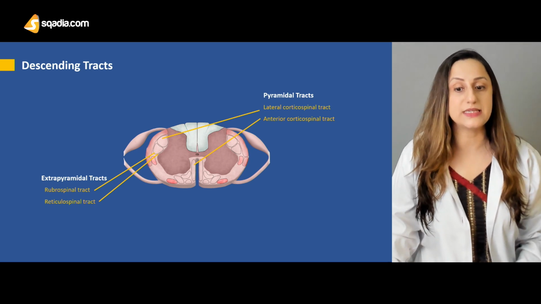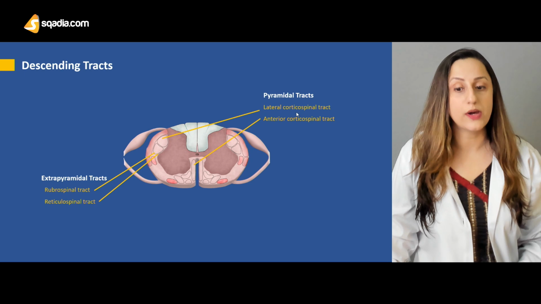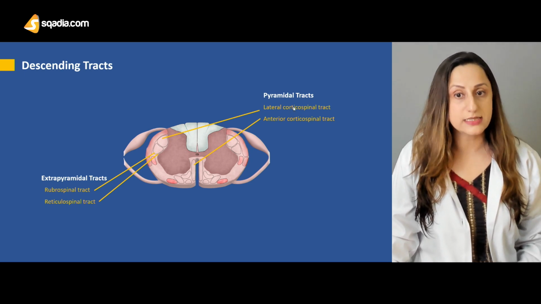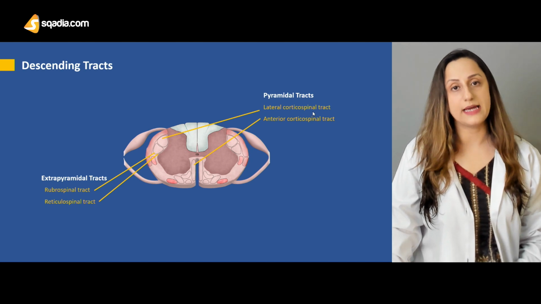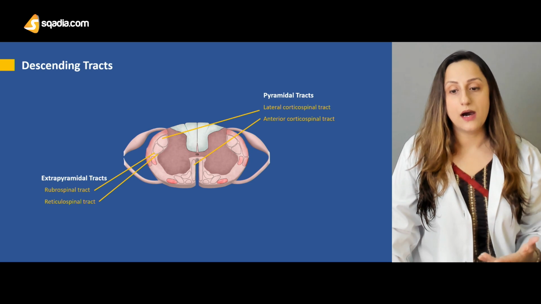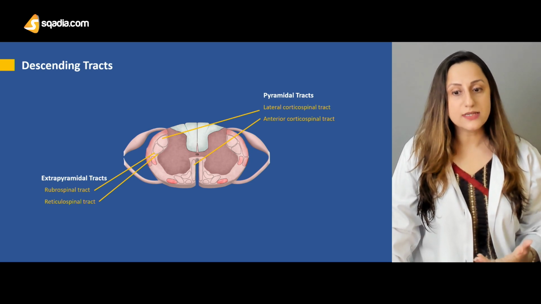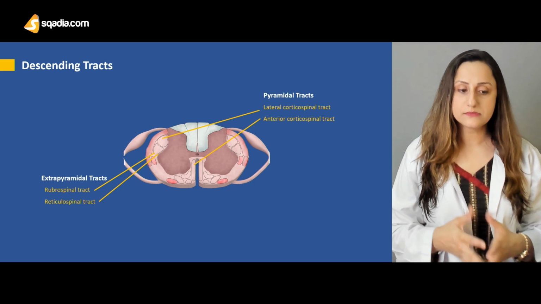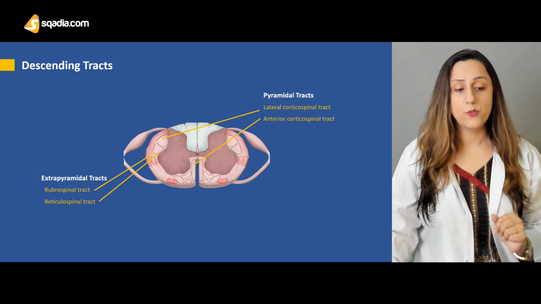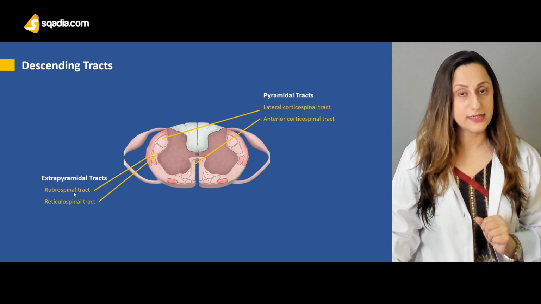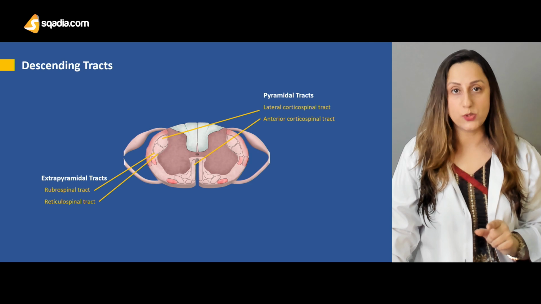For instance, if we say corticospinal, the cortico stands for the cortex, and spinal stands for the destination in the anterior gray horn of the spinal cord. So that is why we name this tract the corticospinal tract. In the same manner, when we say the rubrospinal tract, it refers to the fact that the origin is in the red nucleus.